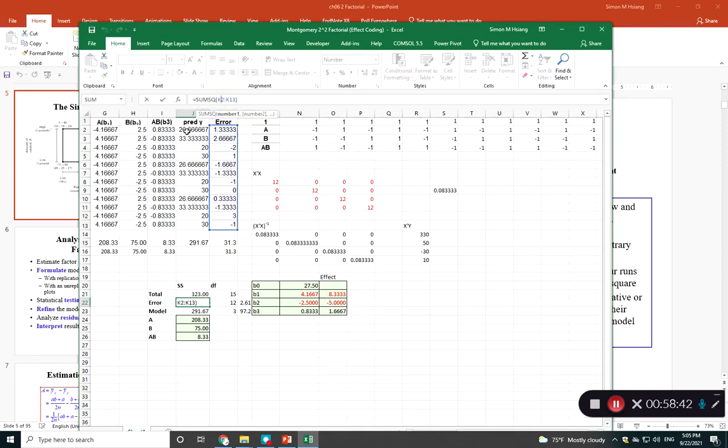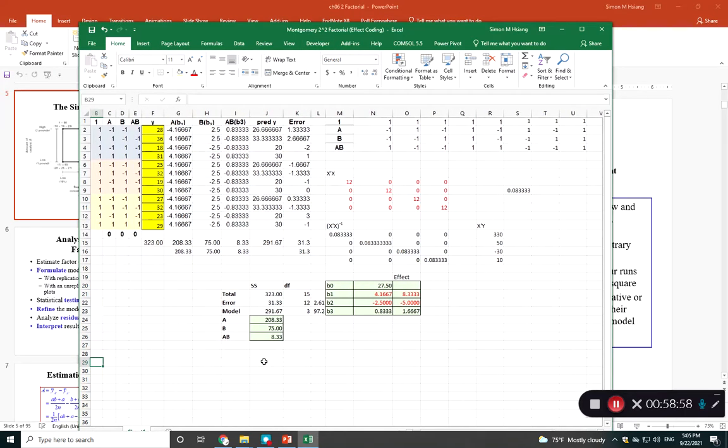But the error term this time, I can do the same thing, just by using prediction. Predictions minus this, I get my error term.